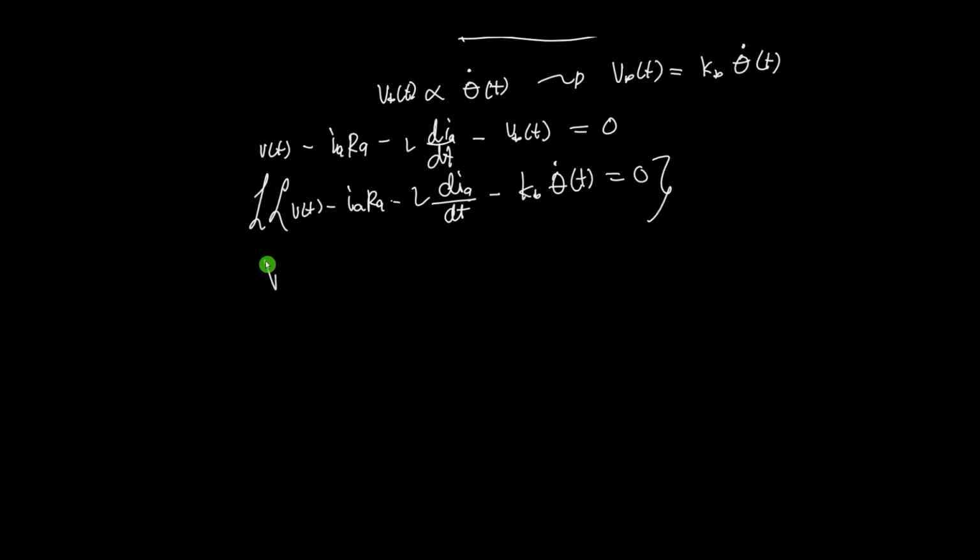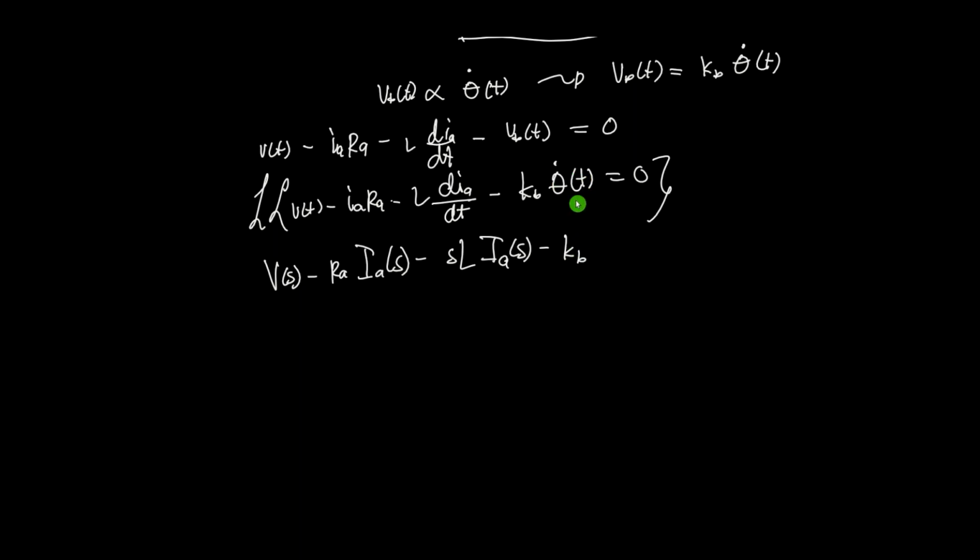So this will be V(s) minus RA times IA(s). And here, this is a derivative, assuming no initial condition, just like always, this will be equal to s times L times IA(s) in the s domain, then minus KB times s times theta(s).